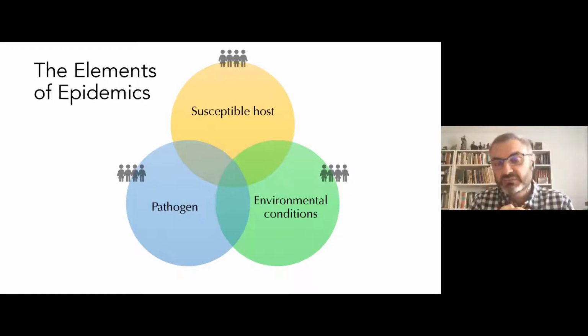But really, and particularly in crop diseases, in order to have a disease, you need to have three things. The pathogen is just one of them. In addition to the pathogen, there needs to be something to get sick. And that's the circle you see up at the top, which is the susceptible host.